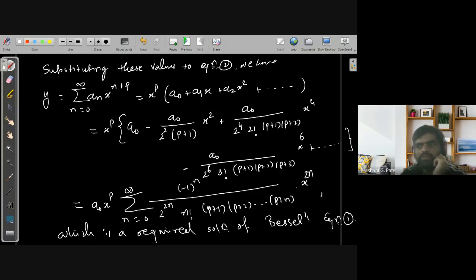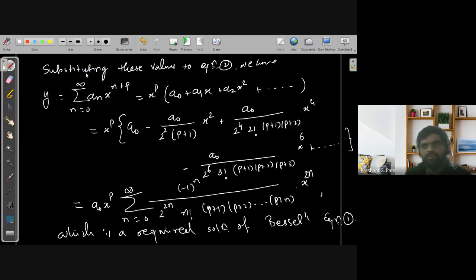Now the question is to calculate the other equation, that we will do later on, but before that the question was to define what is Bessel's function. So this is exactly what the Bessel's function is. This function which we have here, it's known as a Bessel's function. So let us define what is Bessel's function.